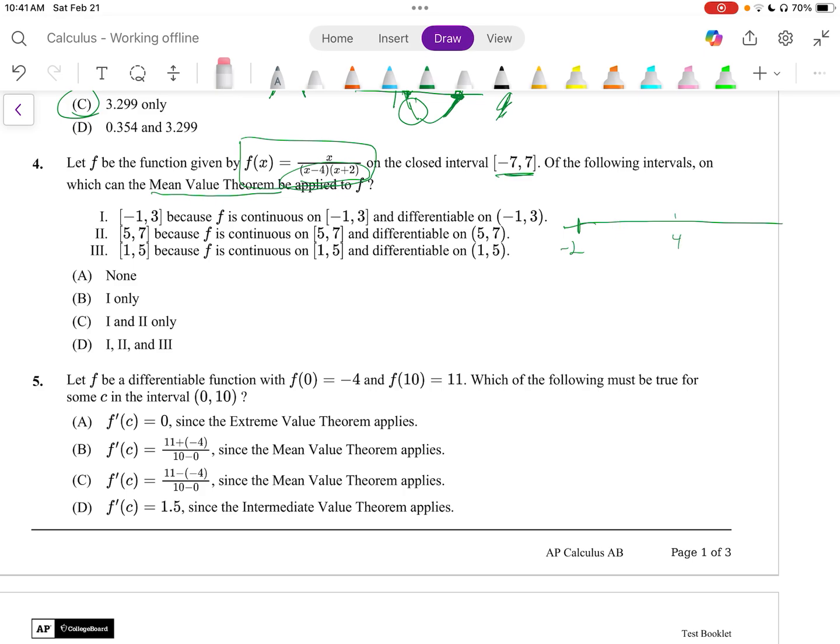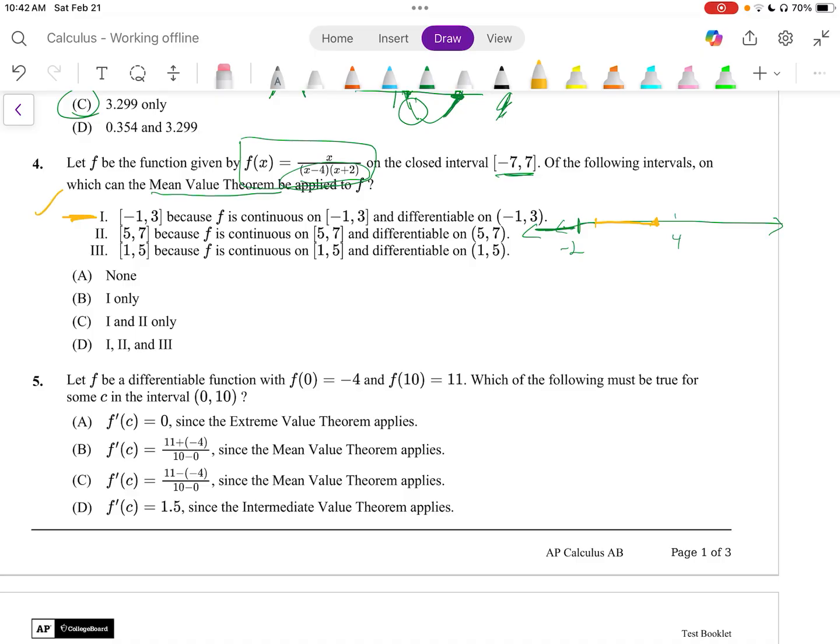We can just use a number line here. Everywhere else it is continuous and differentiable, so we just have to find an interval or intervals that won't cross over that -2 or 4. From -1 to 3 is from about here to here. That's okay, so that one's fine. That's a check.